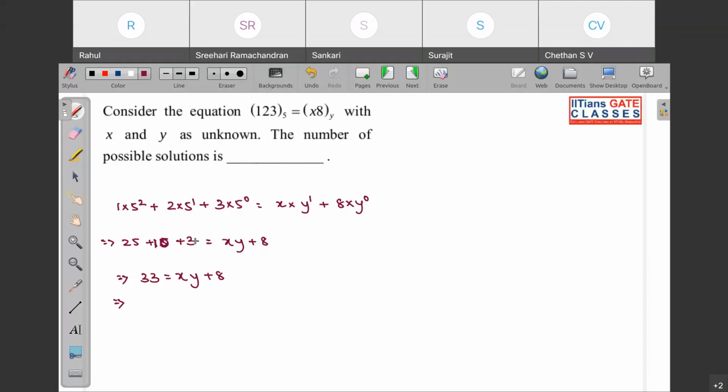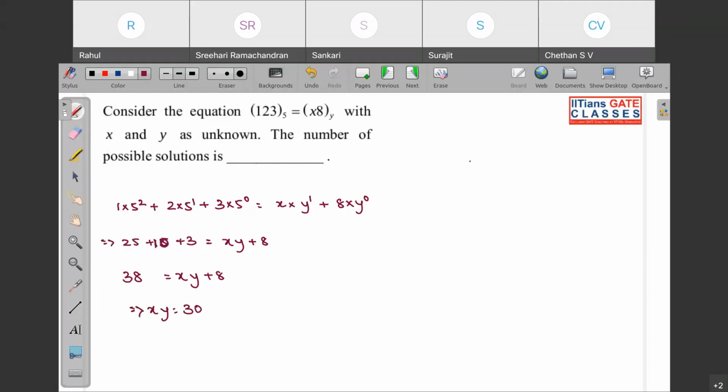So this is 3. Oh yes, 33 I have taken. So that was for 5. Yes. So this is 38. So xy is equal to 30. Okay, fine. Yeah, Sankari. So xy I am getting as 30.